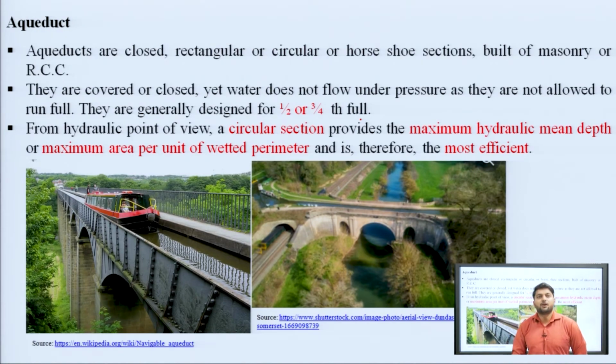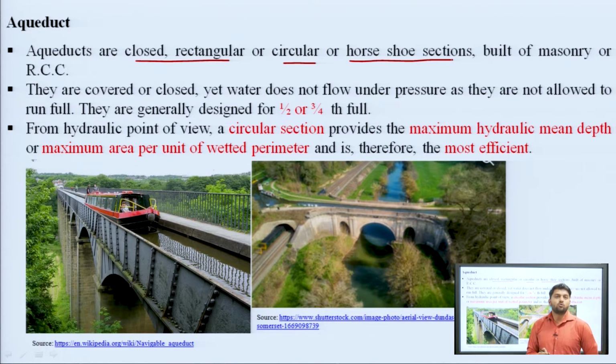Next form is the aqueduct. What is an aqueduct? Aqueducts are closed rectangular or circular horseshoe sections. Basically the sections are rectangular or circular, and may be closed or horseshoe section. They are built of RCC or masonry work. They transmit the water.